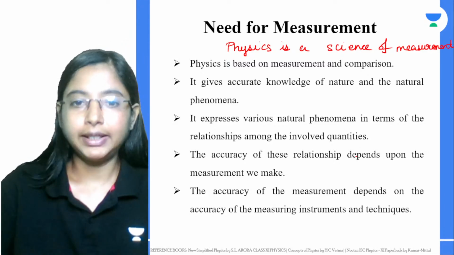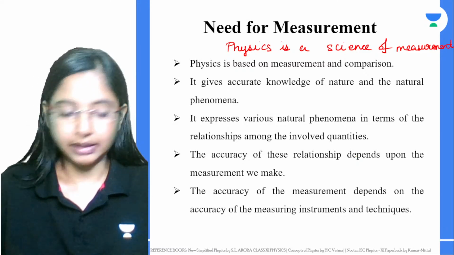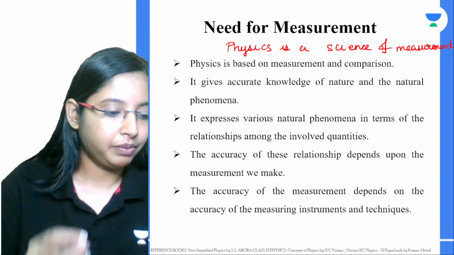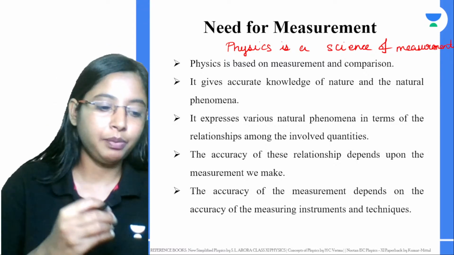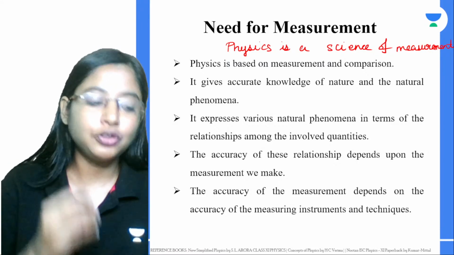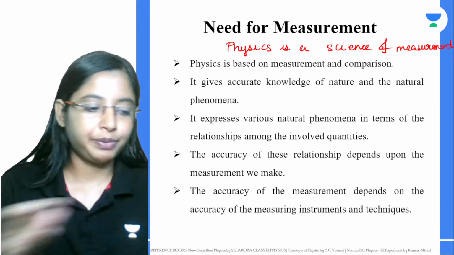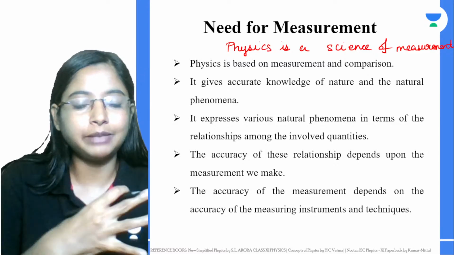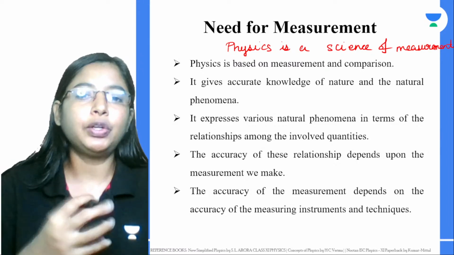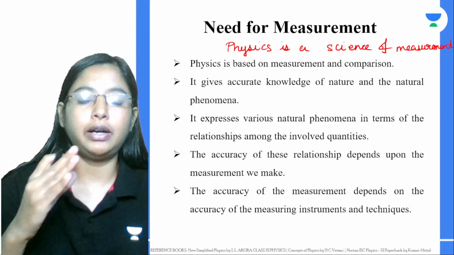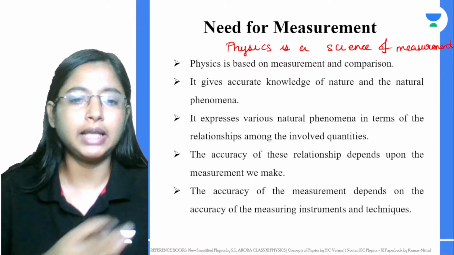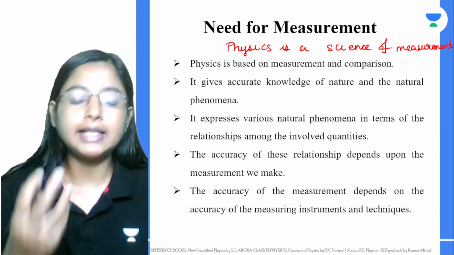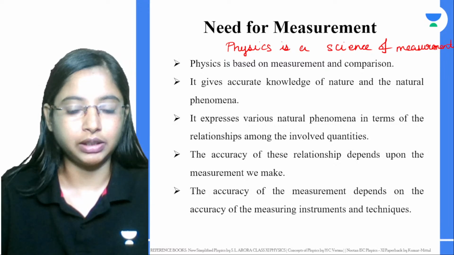Lord Kelvin gave a very amazing quote. He said that when you can measure what you're speaking about and express it in numbers, then you know something about it. But when you cannot express it in numbers, then your knowledge of it is meager and unsatisfactory. What he's trying to say is, let's say you are going from your school to your home, and you're covering a 5 kilometer distance.